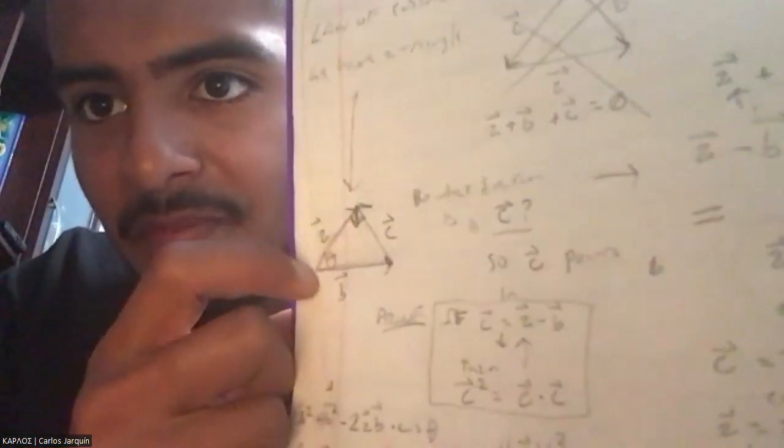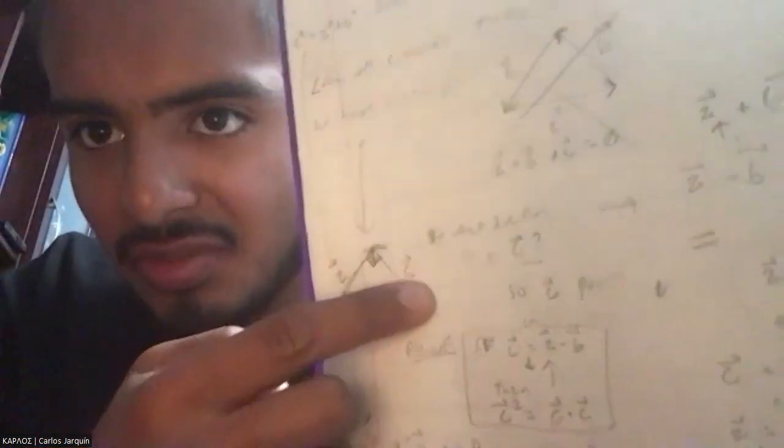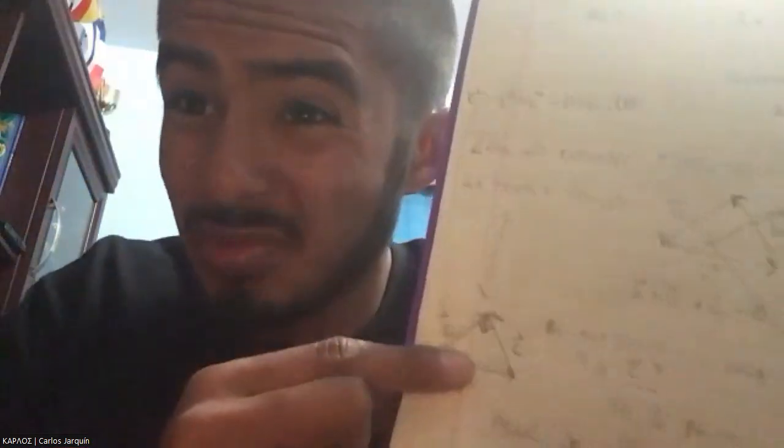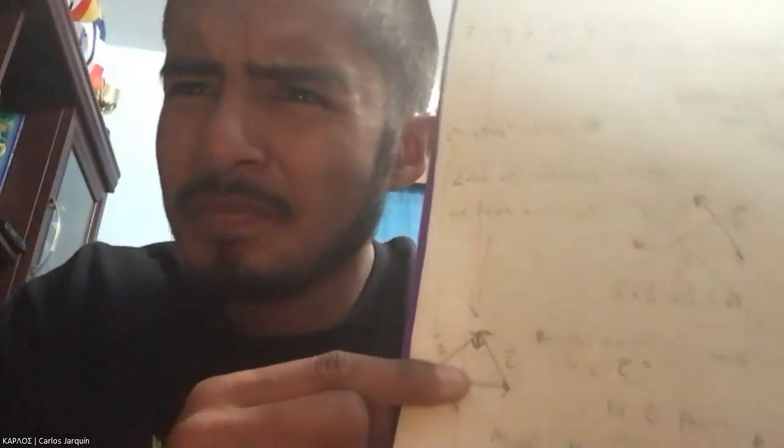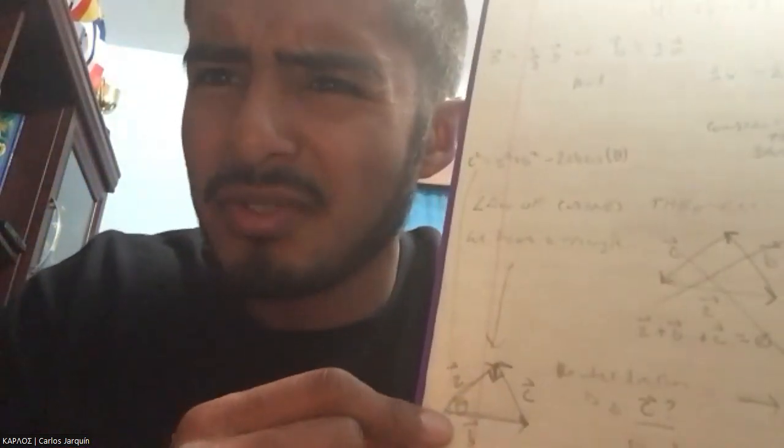So when we draw the new triangle out, that explicitly tells us, if we were to add all 3 vectors, what would it give us? The vector C must point towards the vector A. It looks funky here because I tried drawing it in, but when we subtract these two, vector C points back up to vector A. So in a sense, if we were to add all 3 vectors up, this would give us 0.